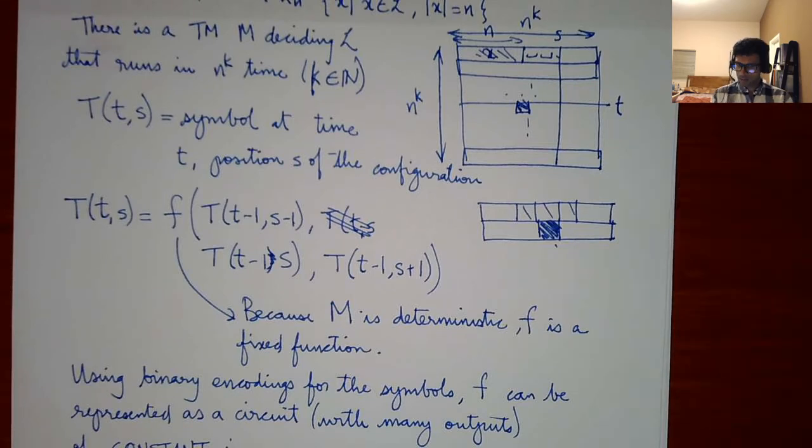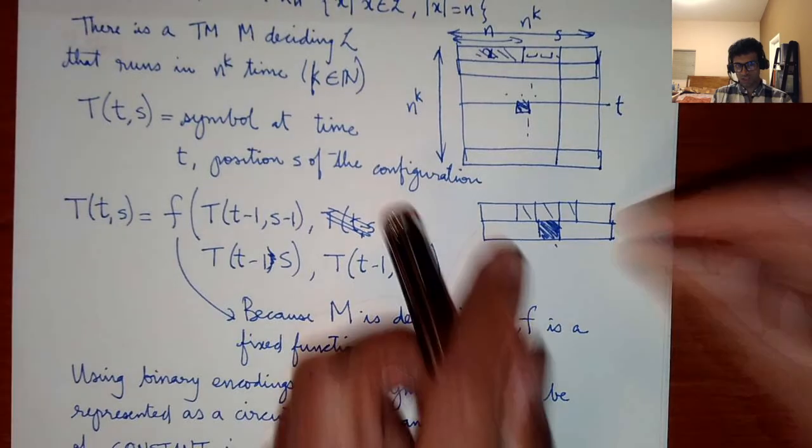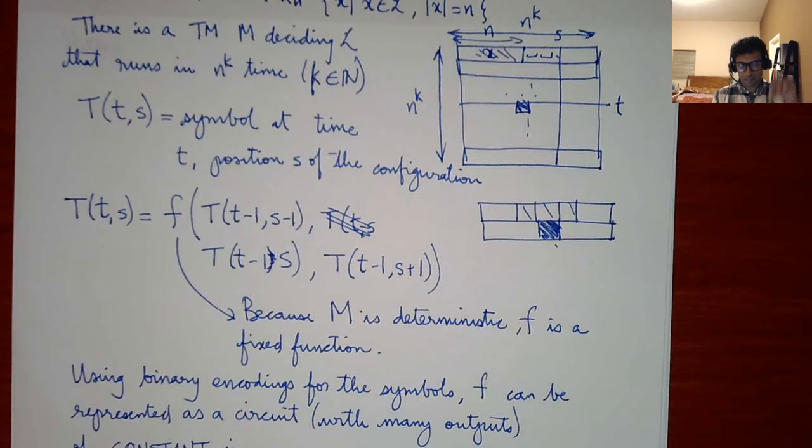The head has a state, you mean. So remember that the tableau is really like writing down the entire configuration. So the way we write it down is it's not just the tape, but it's the tape with the head at a particular position. And wherever the head is, we put a symbol for the state. I see. Maybe I'm misunderstanding your question. No, I think actually that does answer it, I believe.